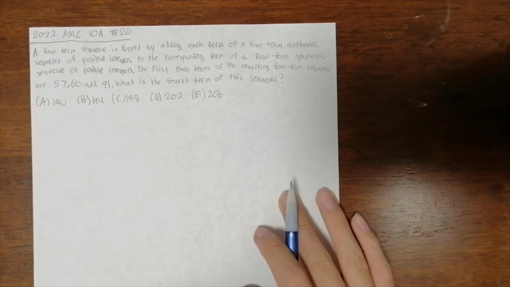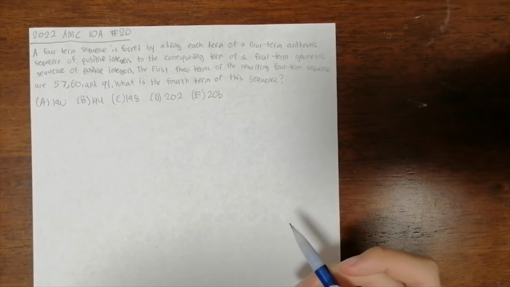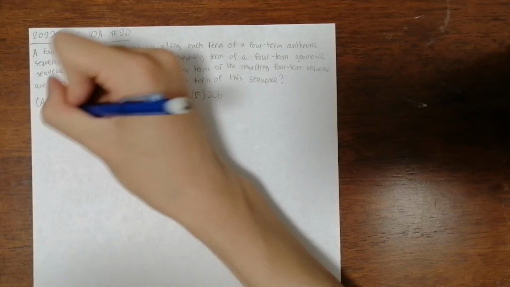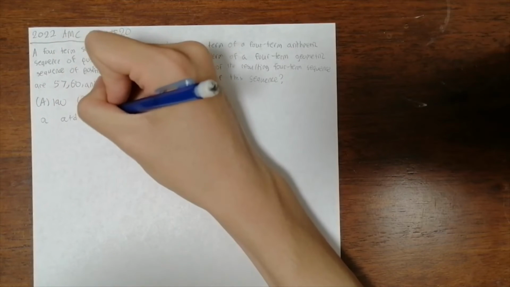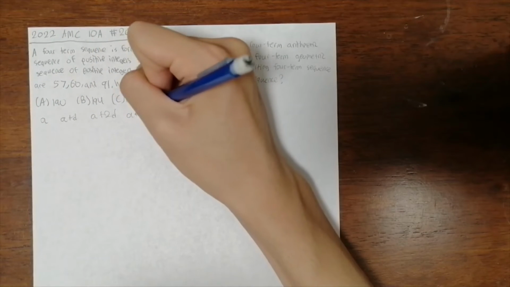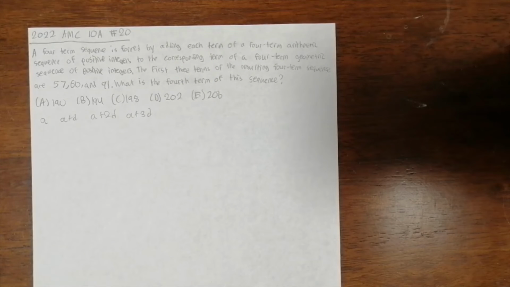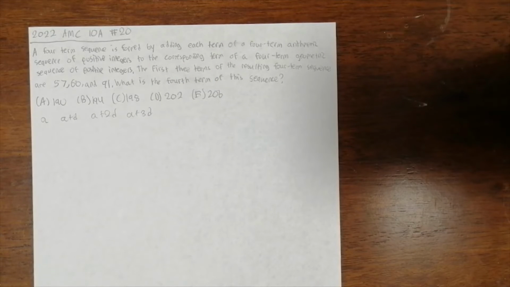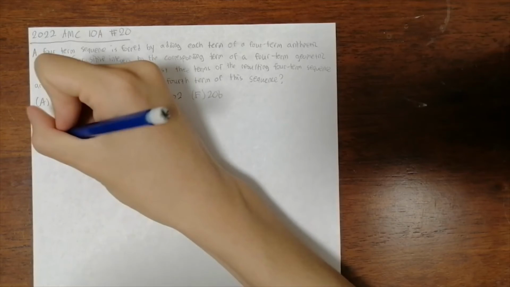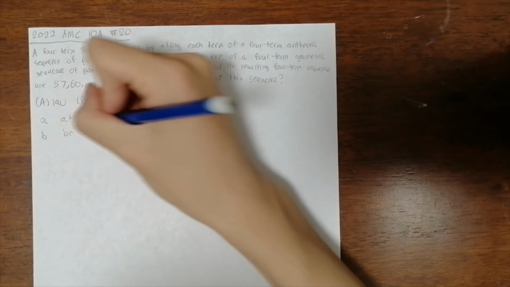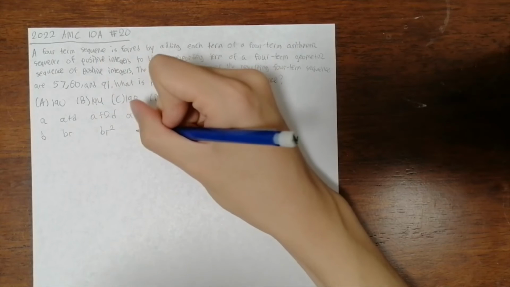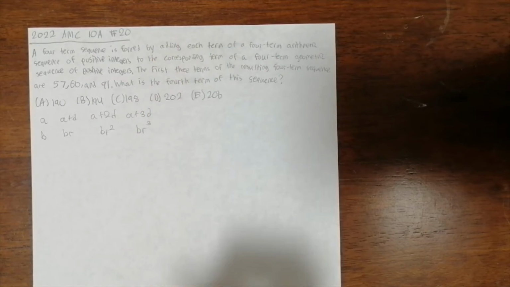Let's just write each of the sequences in terms of variables, because I'm not really sure how to start. We have a, a plus d, a plus 2d, and a plus 3d. This will be our arithmetic sequence. And similarly, we can do b, br, br squared, and br cubed as the geometric one.